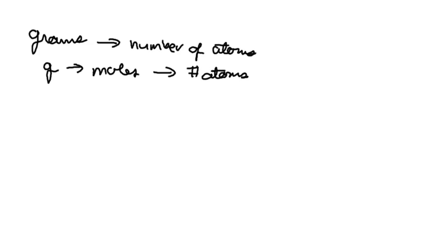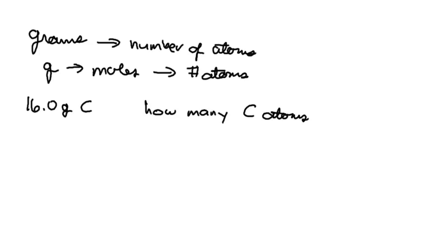So if I had 16.0 grams of carbon, and I want to know how many carbon atoms is this, first I have to go from grams of carbon to moles of carbon before I can figure out how many carbon atoms I have.